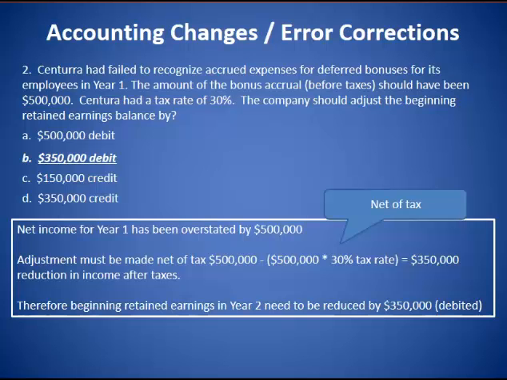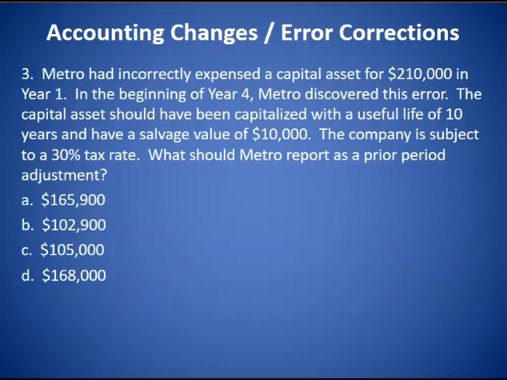Okay, let's go on to number 3. Metro had incorrectly expensed a capital asset in the amount of $210,000 in year number 1. In the beginning of year 4, 3 years later, Metro discovered this error. The capital asset should have been capitalized with a useful life of 10 years and had a salvage value of $10,000.